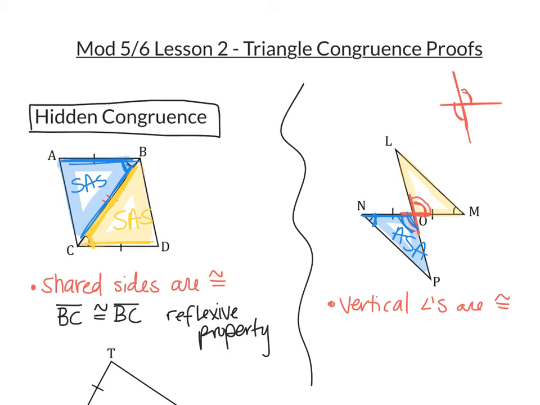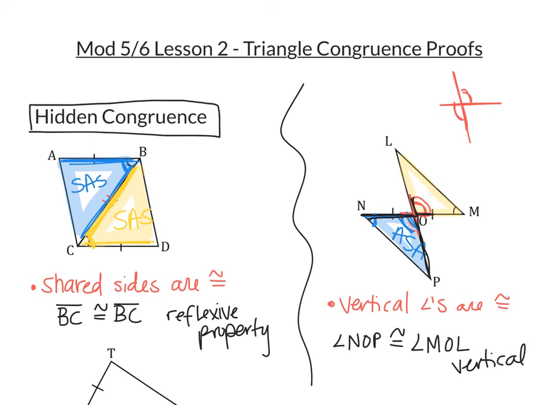And when we do that, notice that I have to use three letters because there's a few angles coming off this letter O right here. So I'm going to say NOP, that's going to be my first angle, is congruent to angle MOL. That's going to be that angle up there at the top. And the reason for that is going to be vertical, because they're vertical angles.